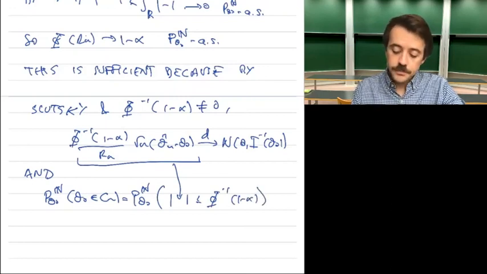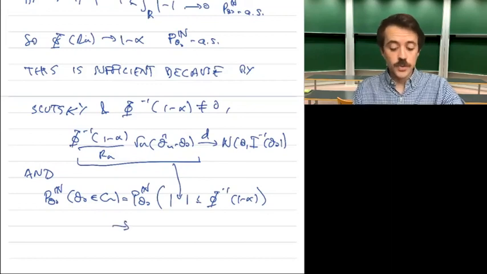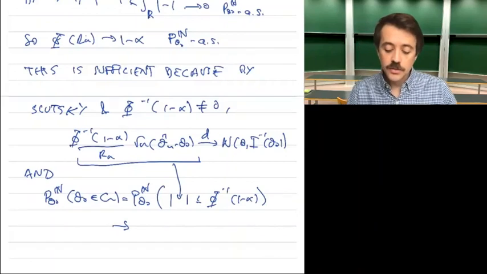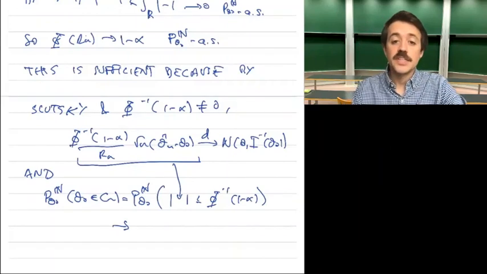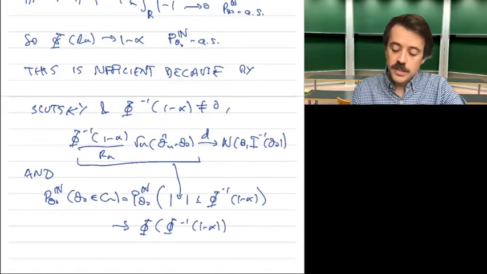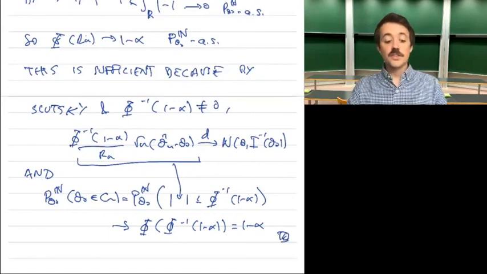Okay. And so by the convergence in distribution, and because we're looking at these continuous random variables, then we'll get precisely that this converges to this capital Phi evaluated at the inverse at 1 minus alpha, and so this of course will be exactly 1 minus alpha. Yeah. And this shows the result.